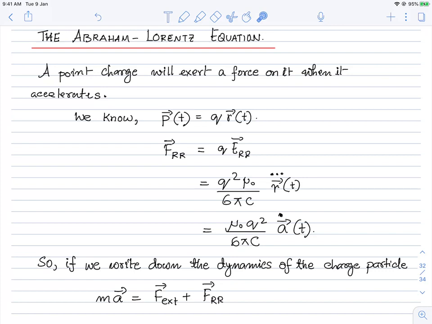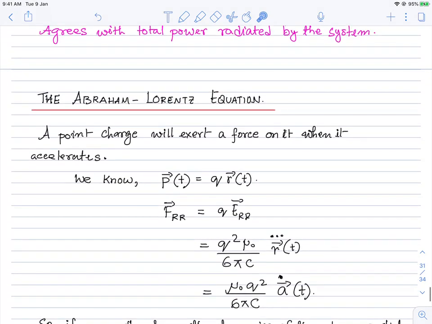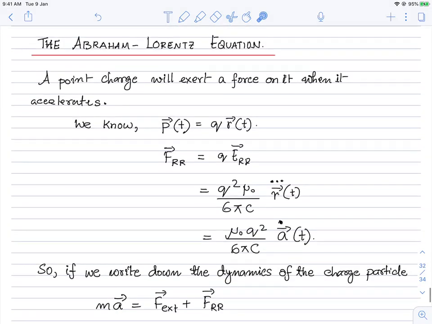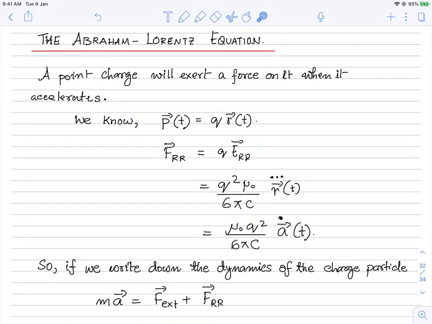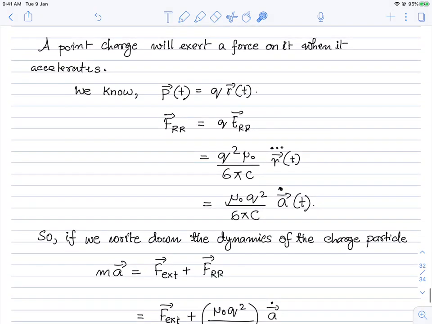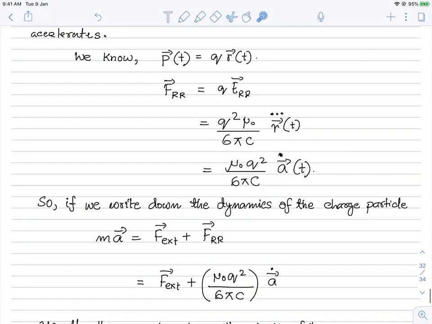Okay, so now I've given you a general understanding for a general system, but if we take that general result and apply it to the electron, then we see there's this term, the self force, if you like, of the electron, and this is called the Abraham-Lorentz force.